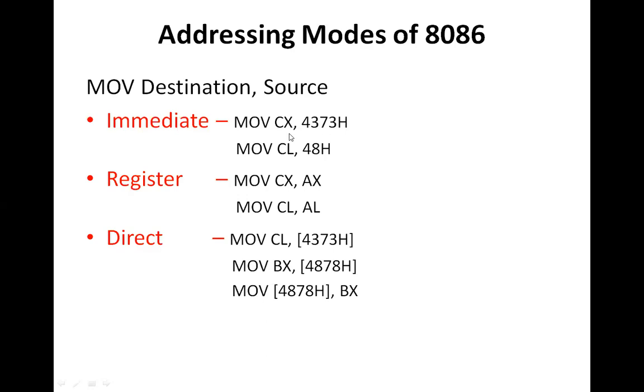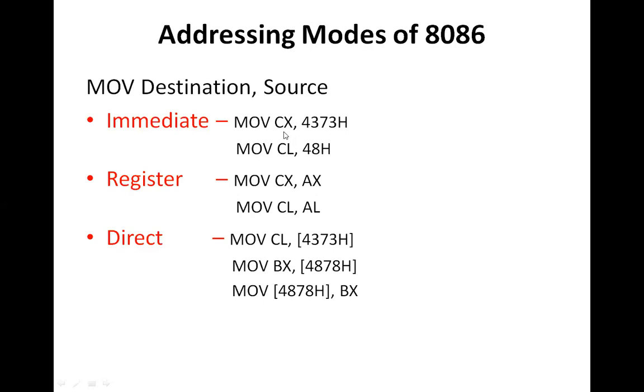Besides that, in 8086, if we want to work with an 8-bit number, it provides the facility by using the instruction MOV CL, 48. Here we want only 8-bit data to be transferred, so we mention only the 8-bit register. That is why CL is written. You cannot write MOV CX, 48.